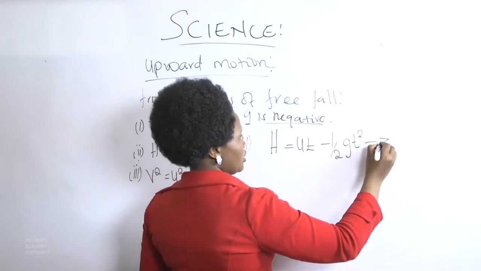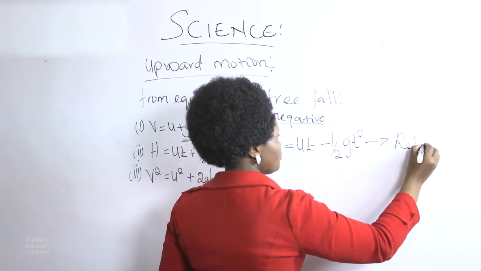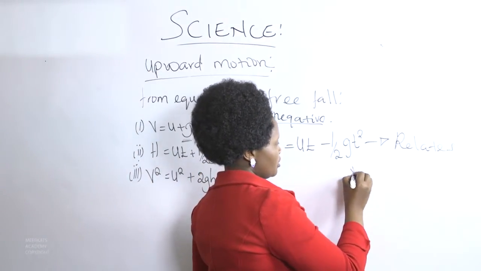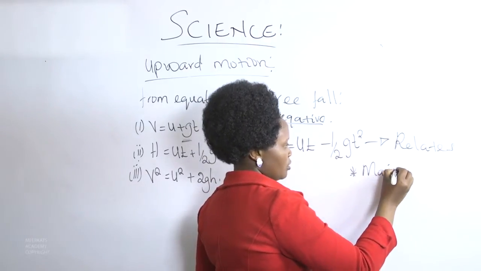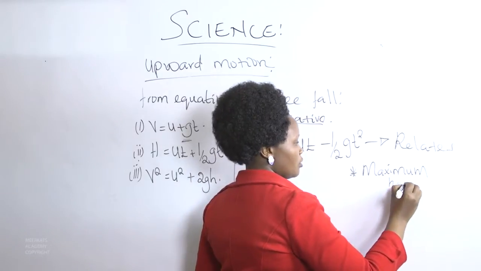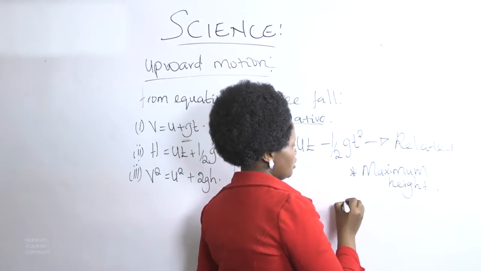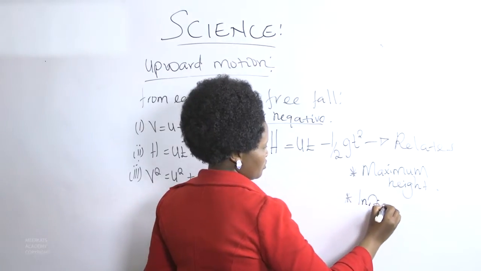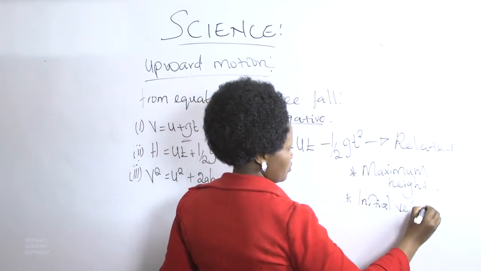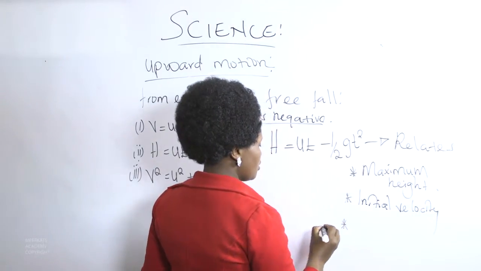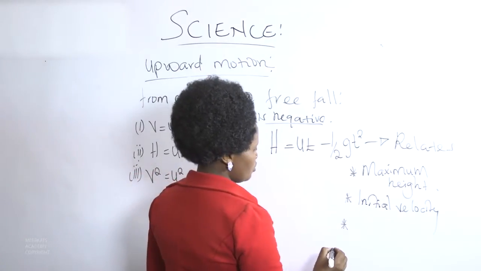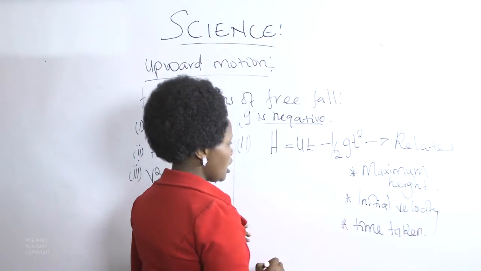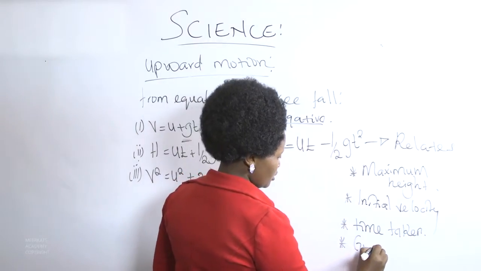Again, the equation relates the maximum height, it also accounts for initial velocity, it looks into the time taken and gravitational acceleration.